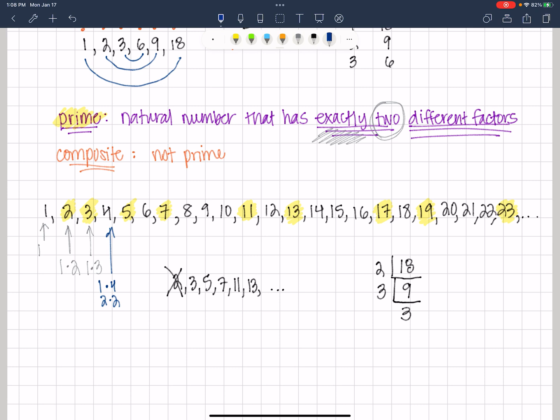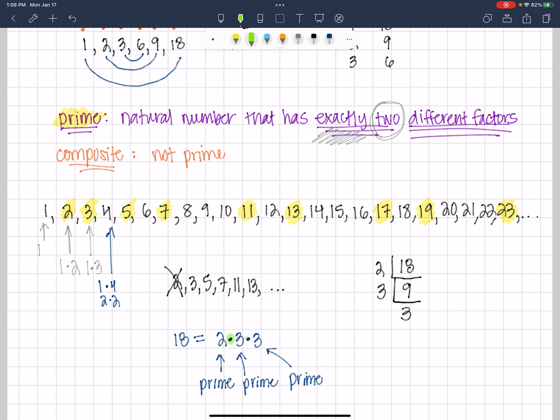3 is a prime number, therefore, my prime factorization for 18 is 2 times 3 times 3. These are all prime numbers. 2 is prime, 3 is prime, and 3 is prime. And factors means that we're multiplying numbers together.